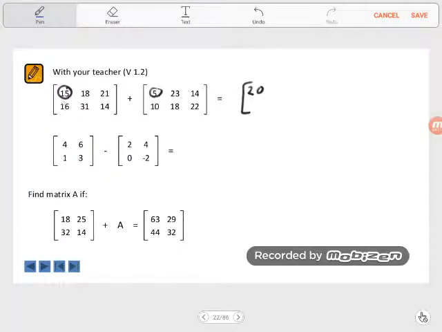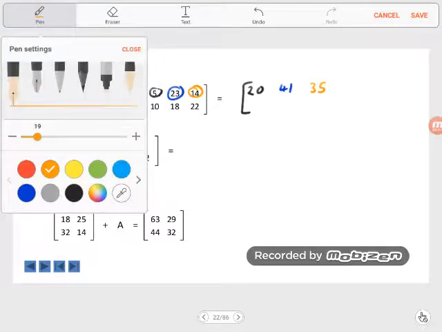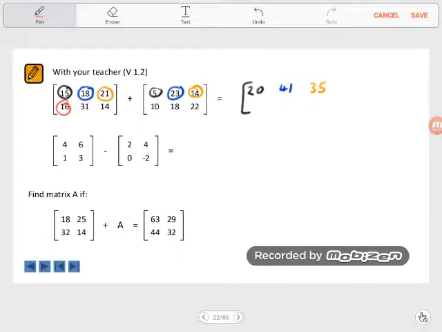I'll do a bit of colour coding here. 18 plus 23, which gives 41. 21 and 14 give 35. 16 and 10 give 26. 31 and 18 give 59.